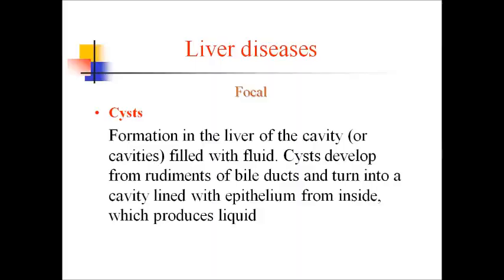of the lesion. Cysts, liver cysts, focal pathology of the liver, are formations in the liver of a cavity or multiple cavities filled with fluid. Cysts develop from rudiments of bile ducts and turn into a cavity lined with epithelium from inside, which produces liquid.